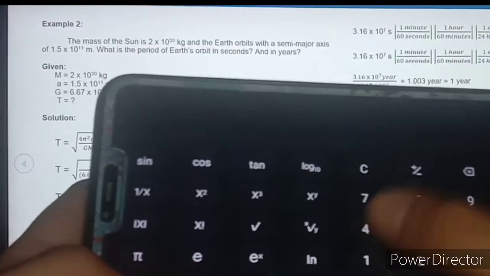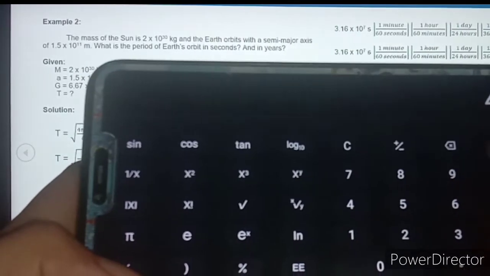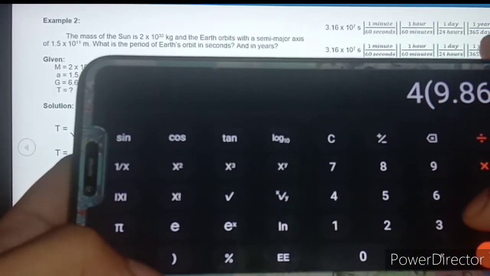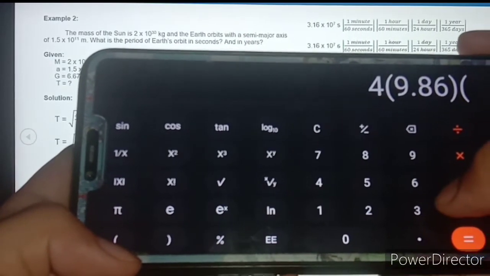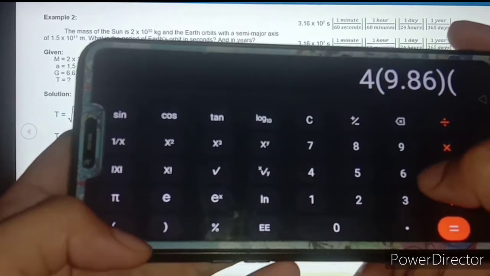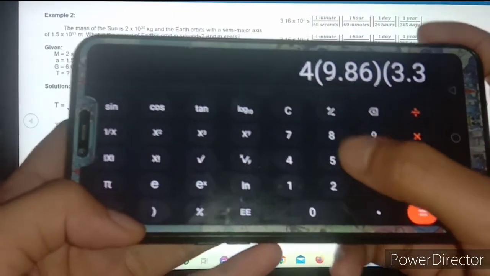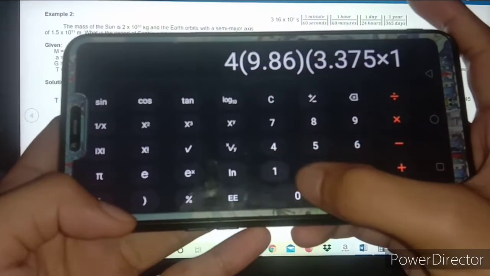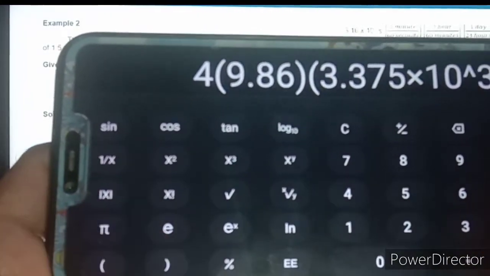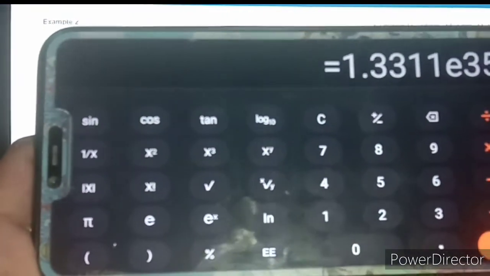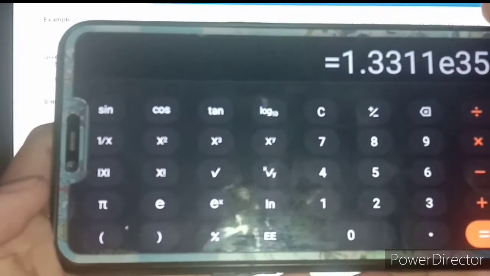So we have 4 times 9.86 times 3.375 times 10 raised to 33, and the answer is 1.3311 times 10 raised to 35.